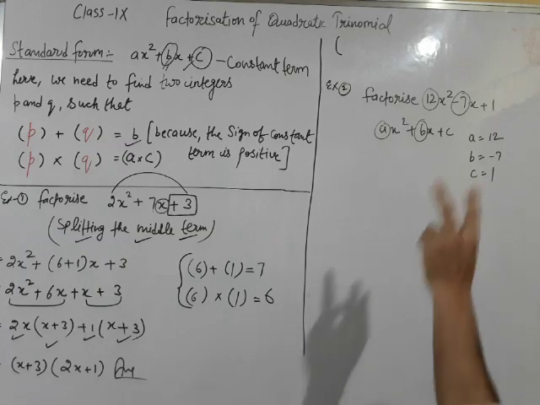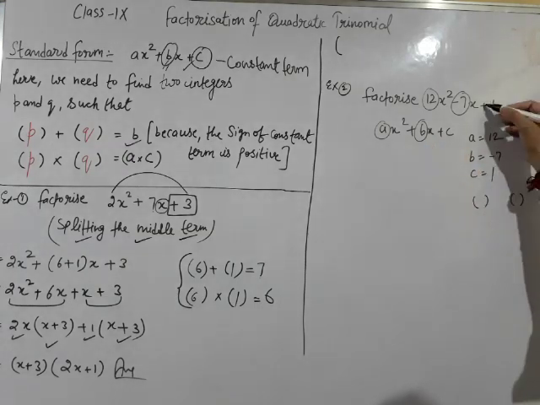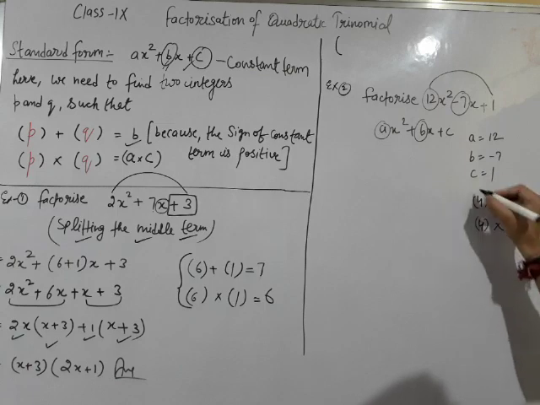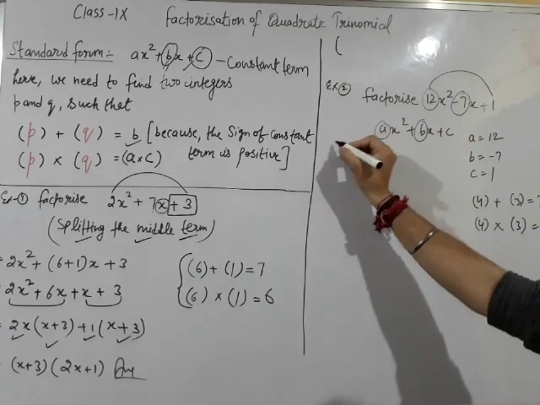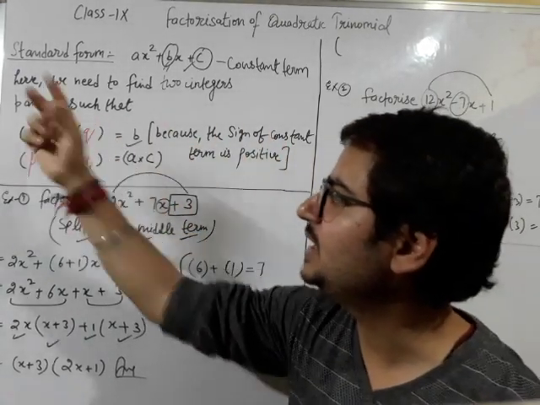We need two numbers such that by adding them we get 7, and by multiplying them we get 12 into 1, 12. So 4 and 3. This is all your rough work. 4 plus 3 is equal to 7 and 4 into 3 is equal to 12. We have found our two numbers p and q.